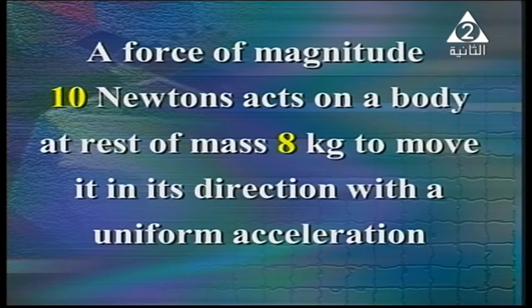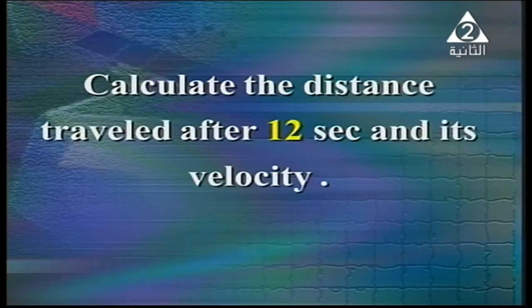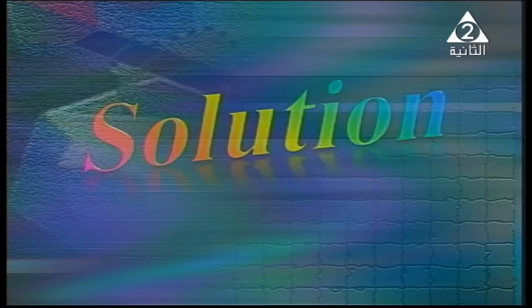Now we translate to an example. Dear student, a force of magnitude 10 newtons acts on a body at rest of mass 8 kilograms to move it in its direction with uniform acceleration. Calculate the distance traveled after 12 seconds and its velocity. Solution.